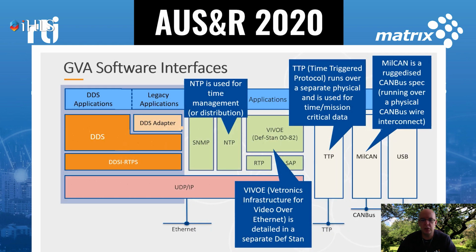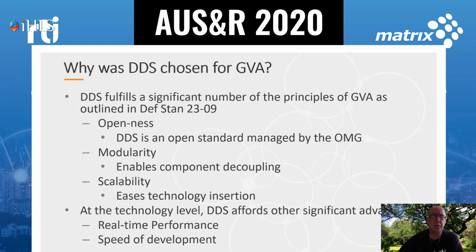So why was DDS chosen for GVA? DDS fulfills a number of important principles that are embedded into the GVA specification. For example, openness. DDS is a completely open standard. It's managed by the OMG, and it fits really nicely with that principle of openness within GVA. DDS enables modularity, and that's really important within the context of a GVA vehicle.